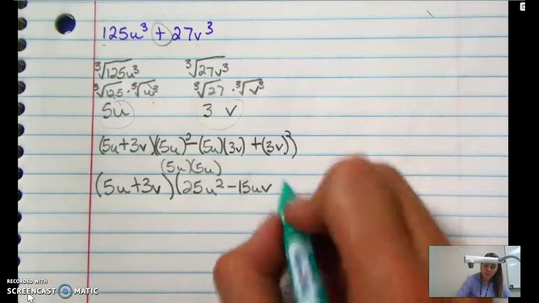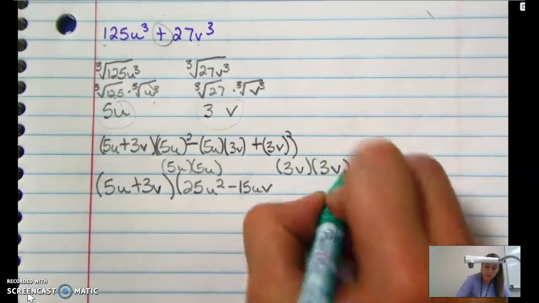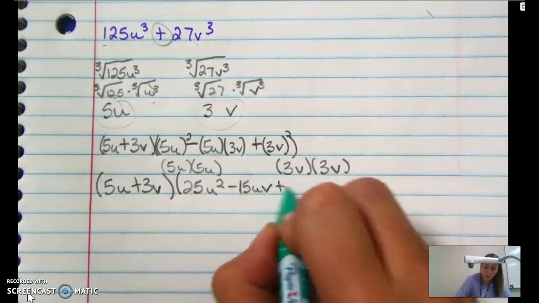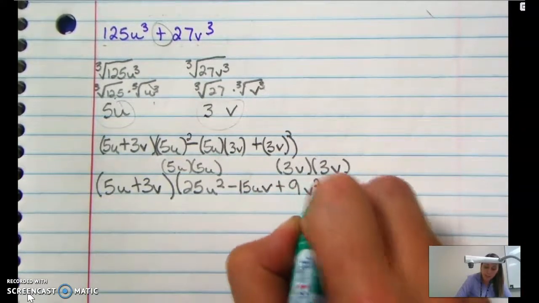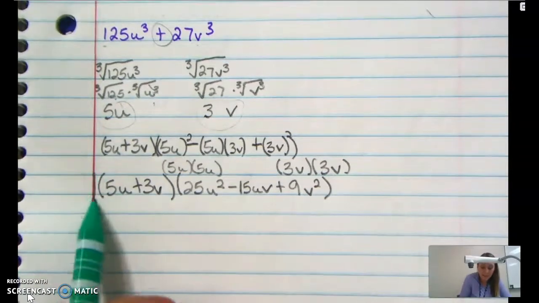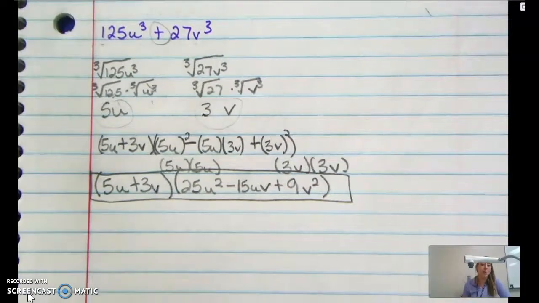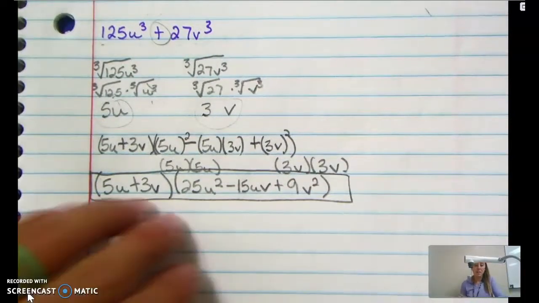And then 3V squared is 3V times 3V, which is a positive 9V squared. And that, my friends, is going to be the final answer. So that was a sum of perfect cubes with two variables.